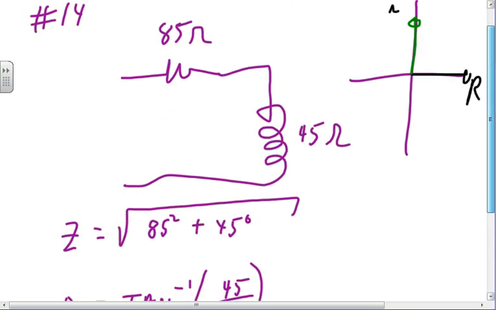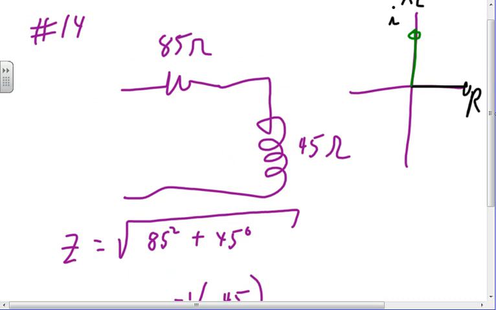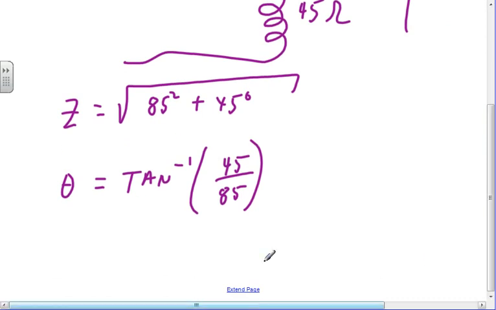Now, my calculator is in polar mode, so all I have to do is put in 85 plus 45i, and that'll skip all the other calculations. I trust you guys put the other numbers in your calculator already.